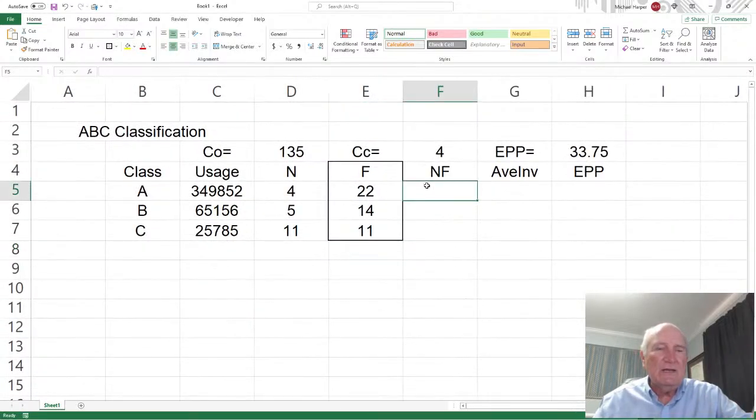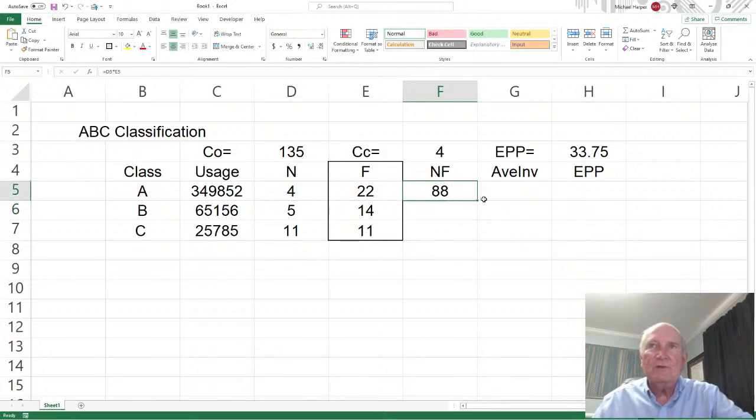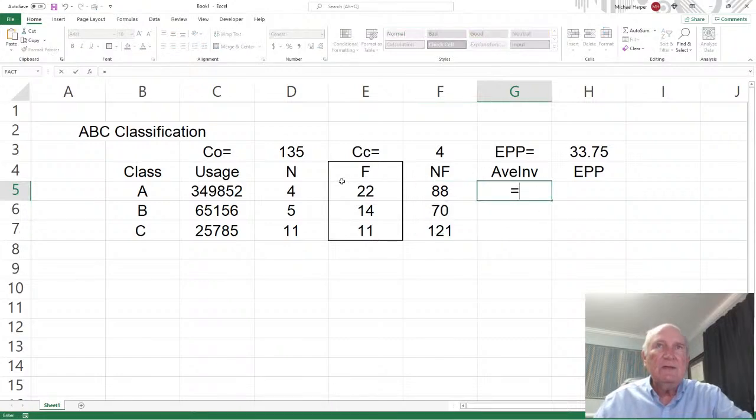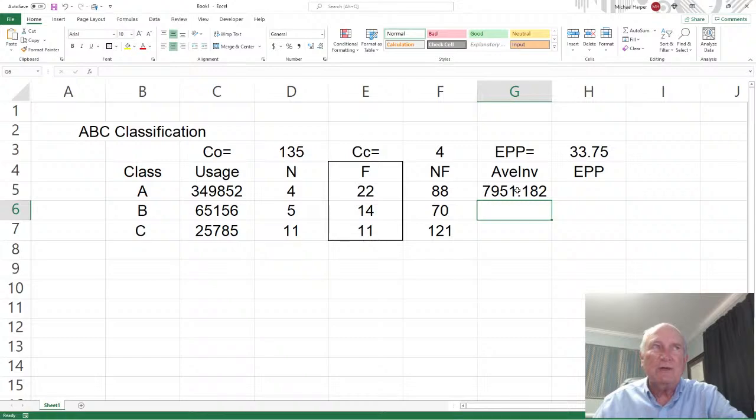Okay, NF is N times F, and there we go, and bring this down. The average inventory equals our usage divided by our frequency, that's our order lot size, then we divide that by 2 to get the average inventory, and then we bring that down.